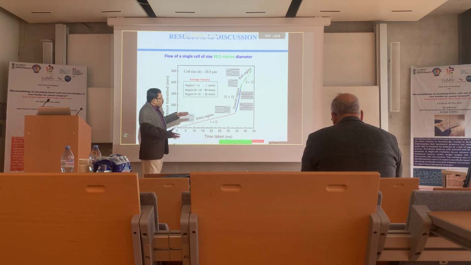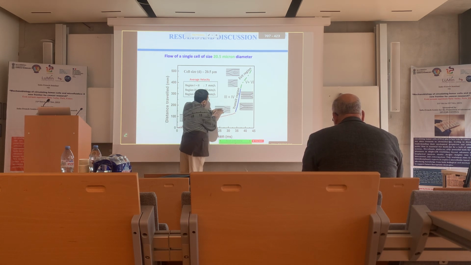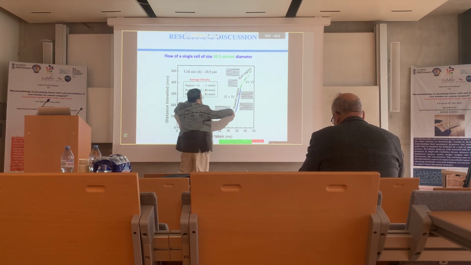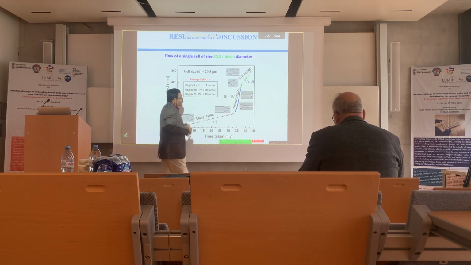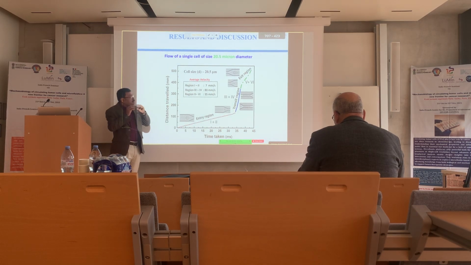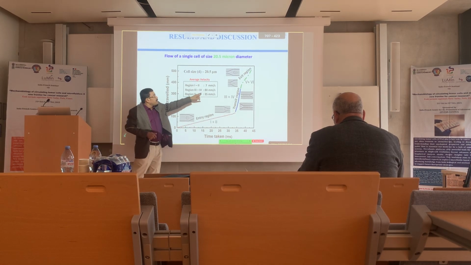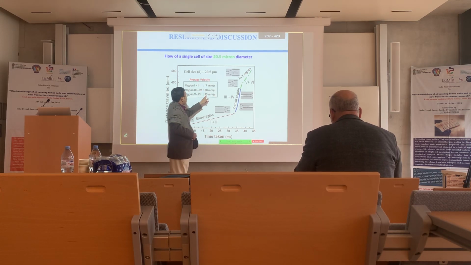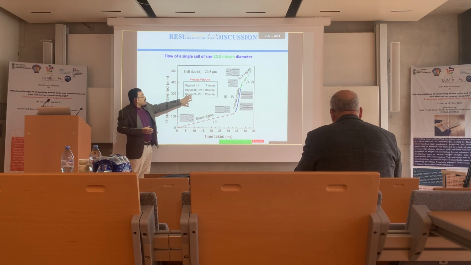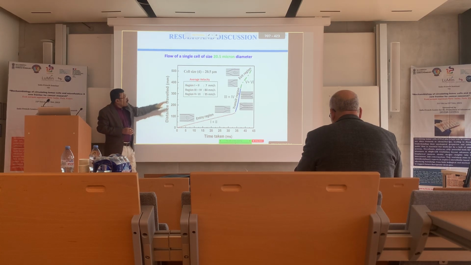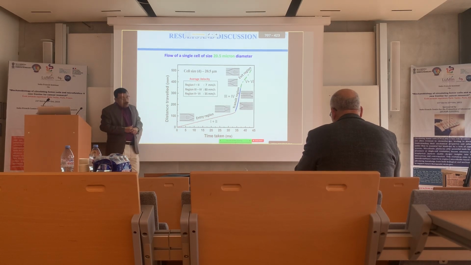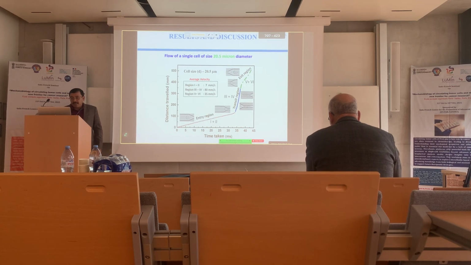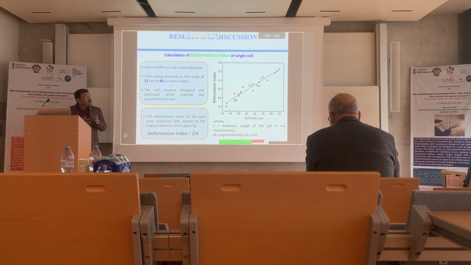But when it goes to regions 3 and 4, where we have the constricted passage, it goes very fast, at 80 millimeter per second for a single cell passing, and in the exit region it is 35 millimeter per second. That is the average velocity for a cell size of the order of 20 micron. This is the hydrodynamic study we have done, and with that we calculated the deformation index.